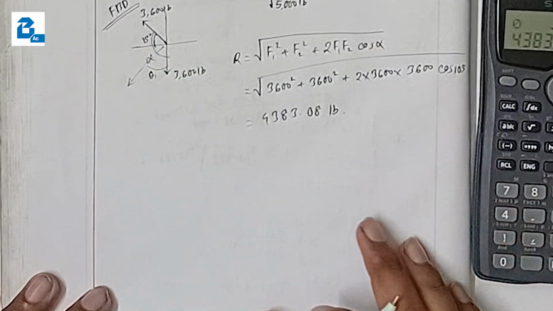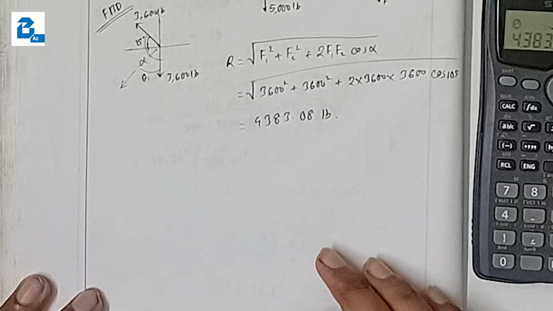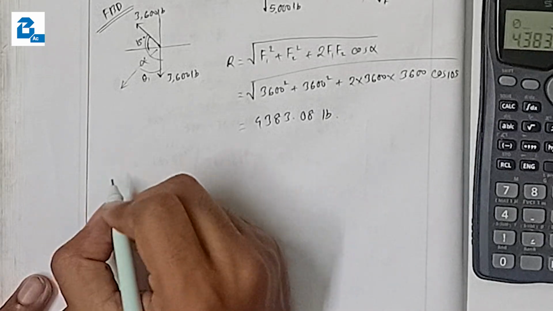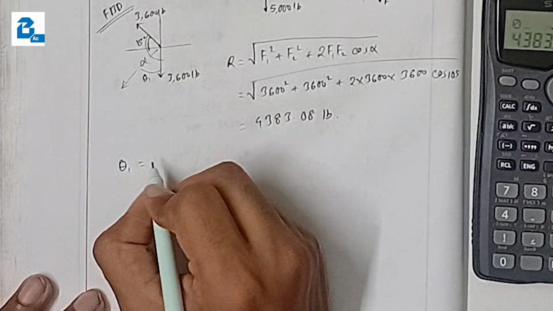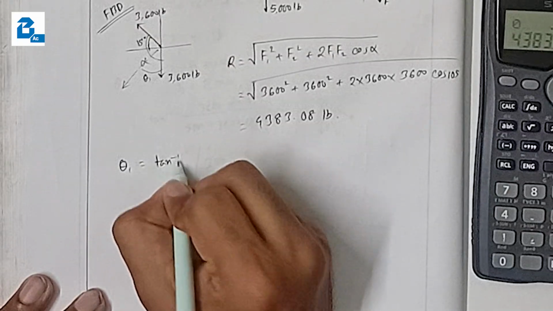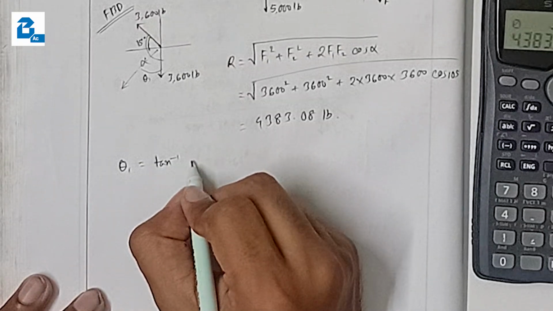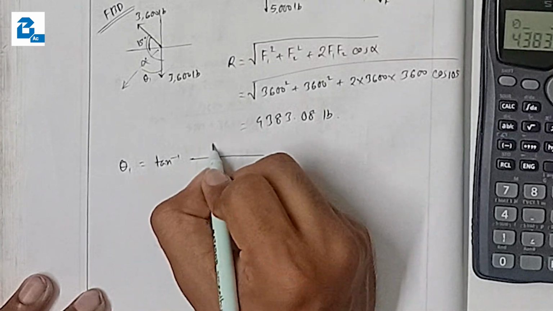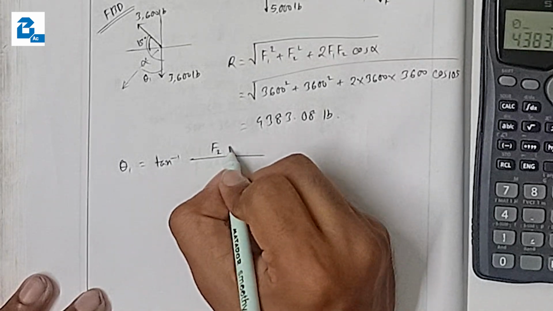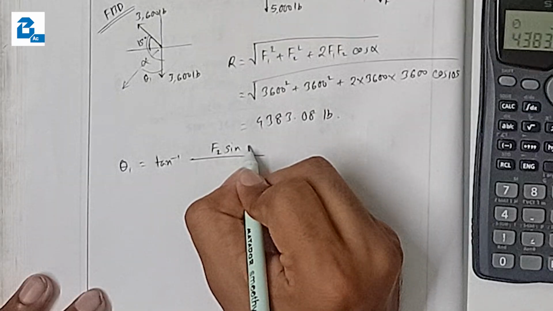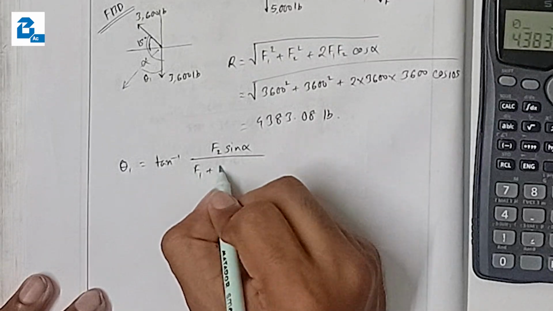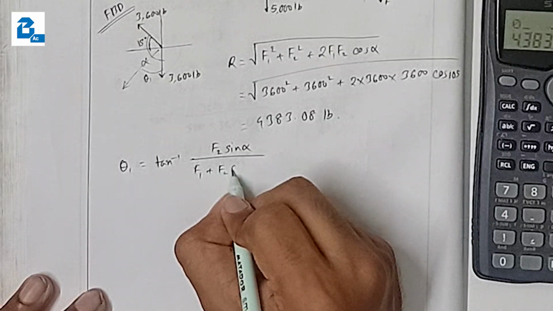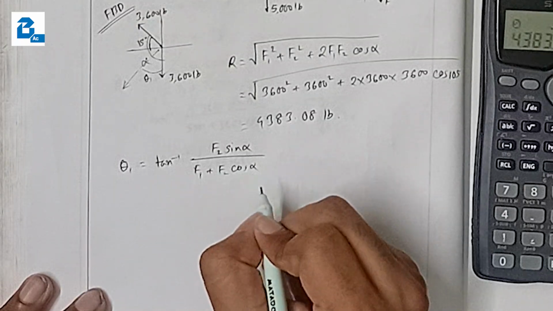And if we try to find out the angle of it, then we will write theta 1 equals tan inverse F2 sine alpha divided by F1 plus F2 cos alpha.